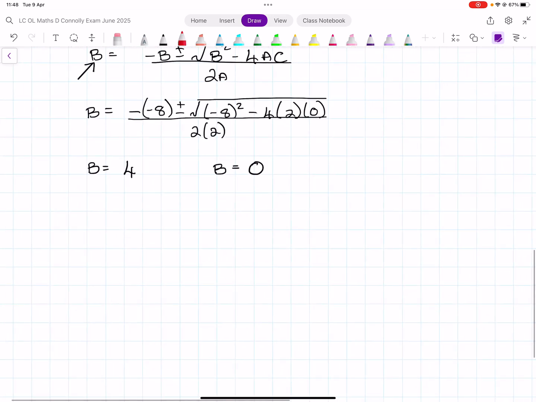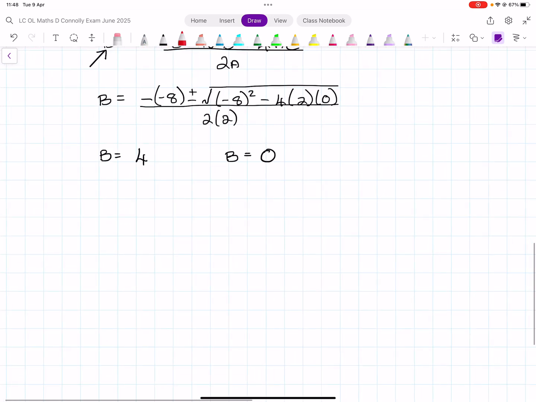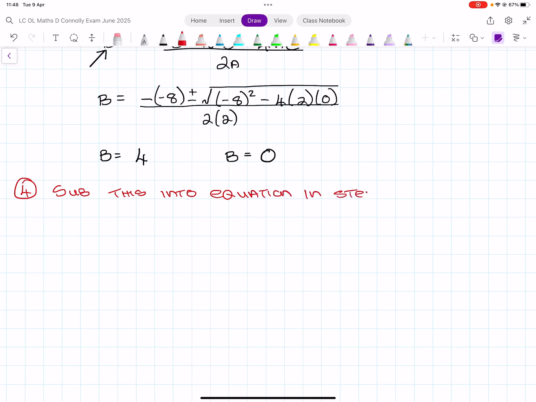Okay, and then the last step, step 4, is to sub these into the equation in step one to get the other letter.